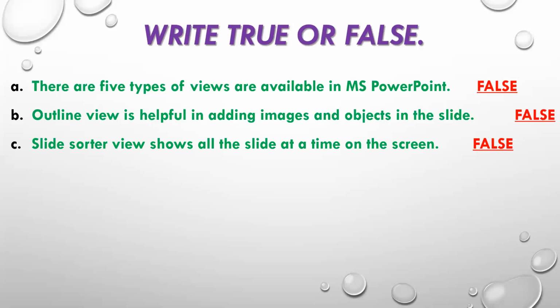But if there are a number of slides, then they will cross the limit of the screen, and all those slides will not fit in the window. You all know that slide sorter view will show several slides in thumbnail form, but not all. If there are few slides, it can cover them on the screen, but if there are more slides, then it cannot cover them on the same screen. So this is also false.